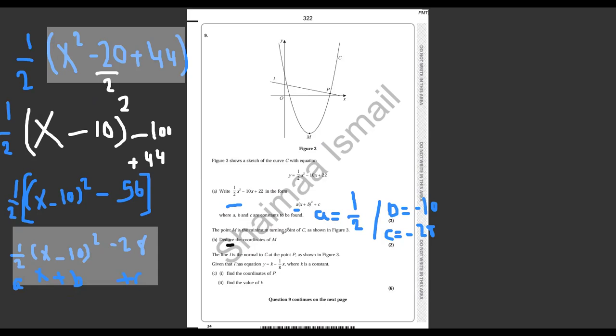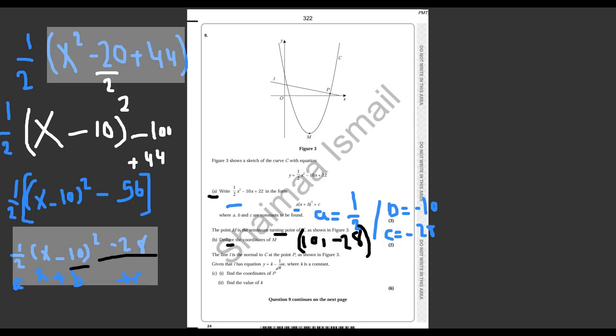The point M is a minimum point, a turning point. It's clear that the turning point is 10 and negative 28. We already got it from question A. We flip the sign of the x inside the bracket and write the y as it is. Line L is a normal, given as y equals k minus 1 over 8 x, where k is a constant.